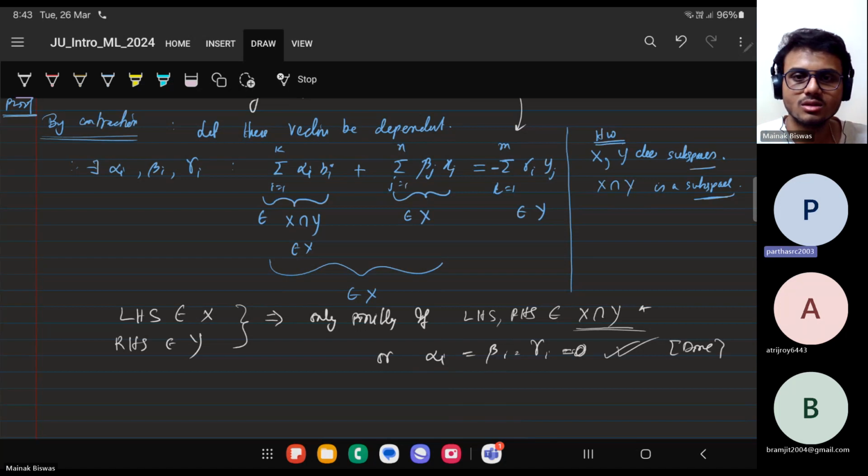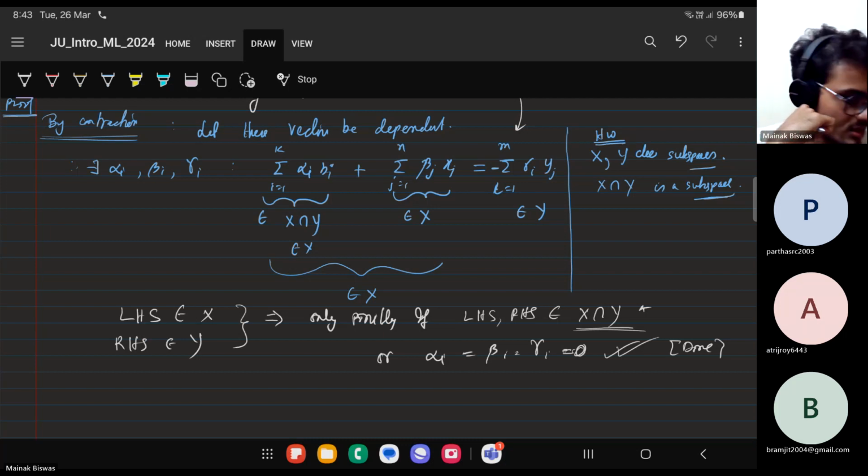Yes, it will hold. So that's why, in the first case when LHS and RHS are both different, they must also belong to the intersection, right? Those vectors must belong to the intersection.